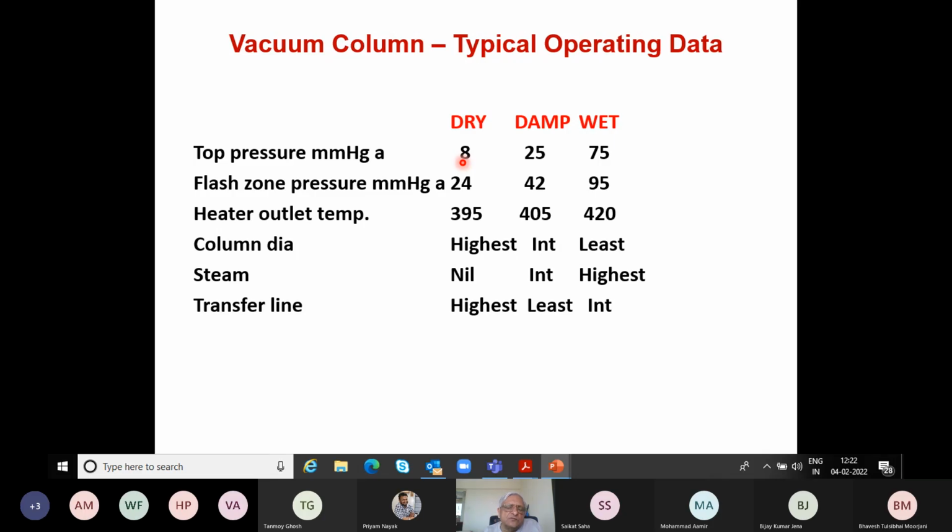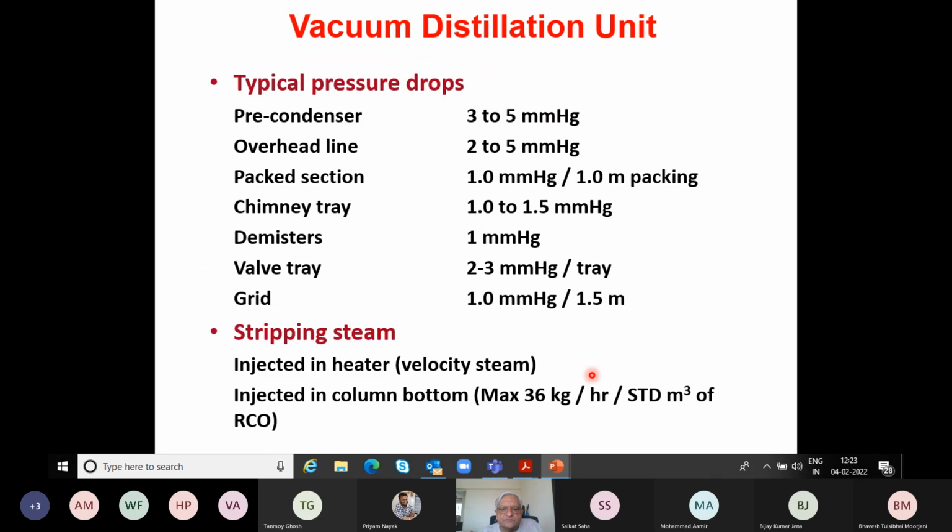And in order to handle that large volume, you need a larger diameter to keep reasonable superficial velocities. But if you go up even 10 times the pressure, 8 to 10, you drop the vapor velocities by 10 times. Of course, you have steam. So the column diameter is least here and somewhere in between for these two. So this is just to give you some idea of operating parameters in these three types of columns.